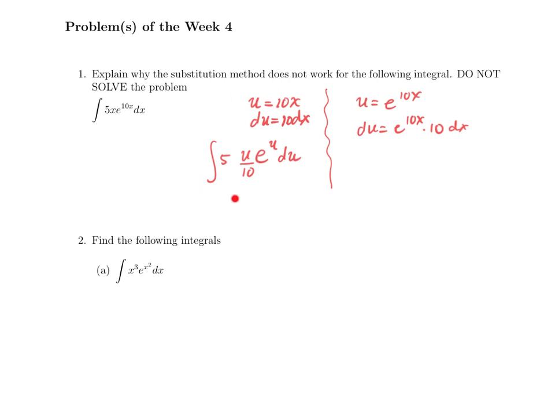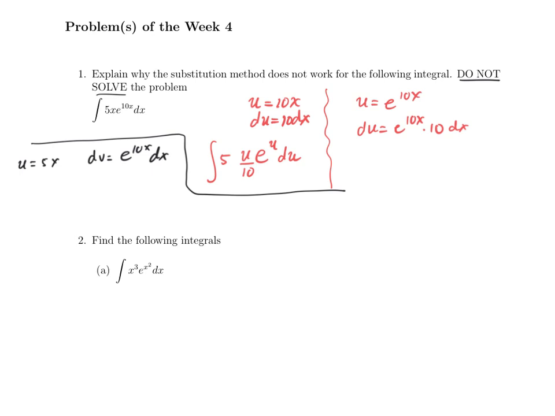So this is a perfect example where substitution, which is a method from Calculus 1, doesn't work, and therefore you need a new method, and that's going to be integration by parts. This method will work. The question is asking you not to solve it, but for that case, u will be 5x, and dv will be equal to e to the 10x, and then you can solve this problem using integration by parts.